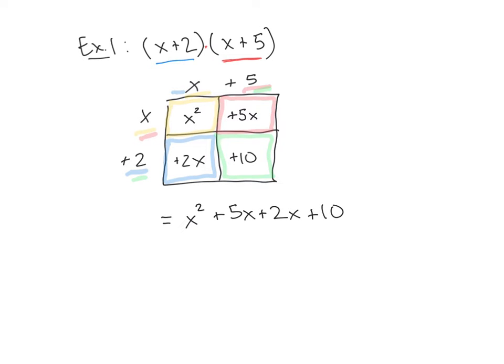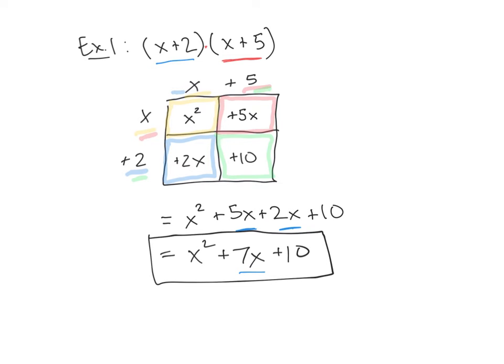The only thing I'm left to do is, if I have any like terms, I need to combine those like terms. In this case, I only have one x squared term, but I have two terms with an x in there. So I'm going to combine 5x plus 2x to make 7x. Then x squared and 10 have nothing to combine with, so I have x squared plus 7x plus 10.